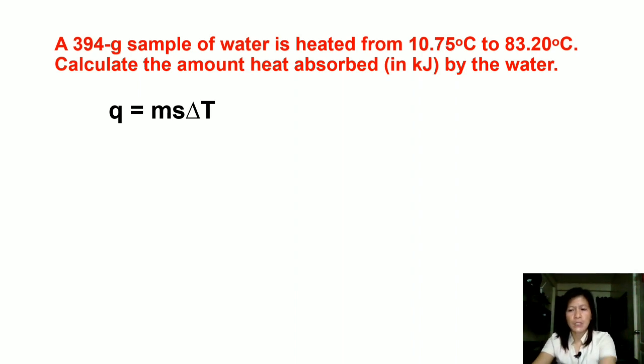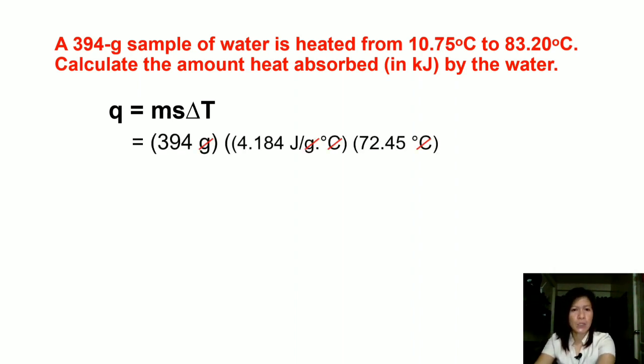So substituting all the given quantities, the given mass is 394 grams. The specific heat of that substance, water, is given earlier, 4.184 joule per gram degree Celsius. 72.45 degrees Celsius is the difference, the delta T. Delta T is final temperature, 83.20 degrees Celsius, minus initial, 10.75.